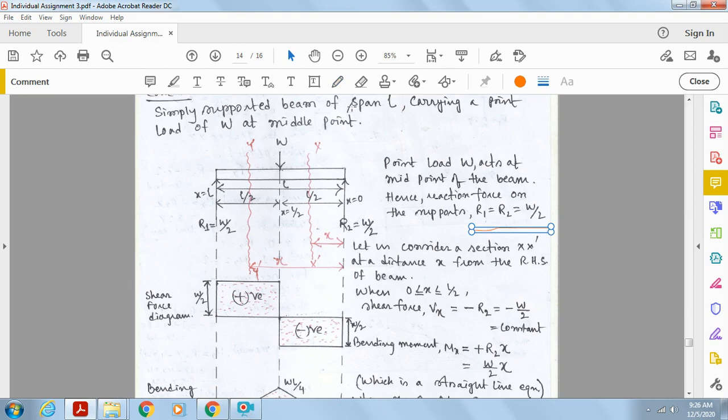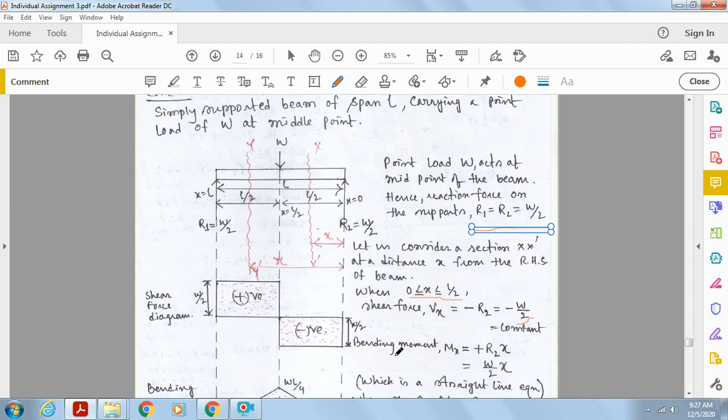Now let us consider a section x dash. When x is between 0 and L/2, the shear force Vx will be equal to minus of R2, that means minus of W/2. So it is constant. Since it is negative in nature, I have drawn the shear force value in negative format from 0 to L/2.